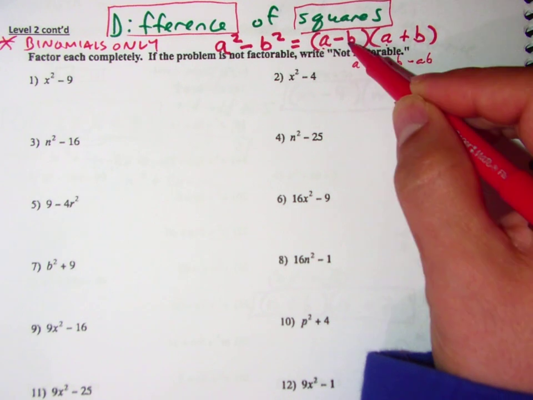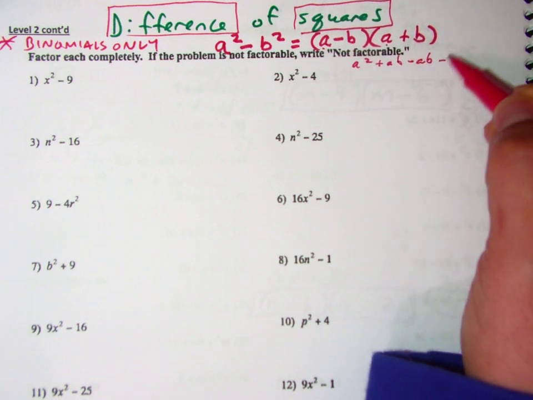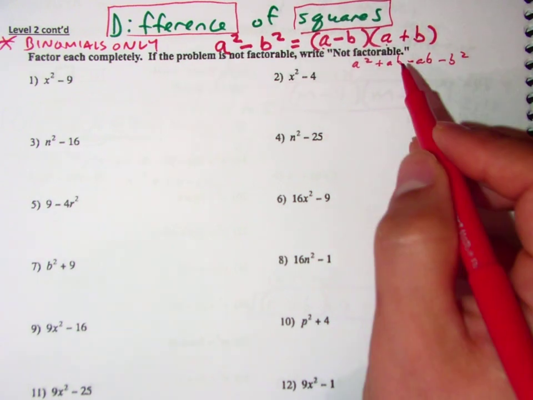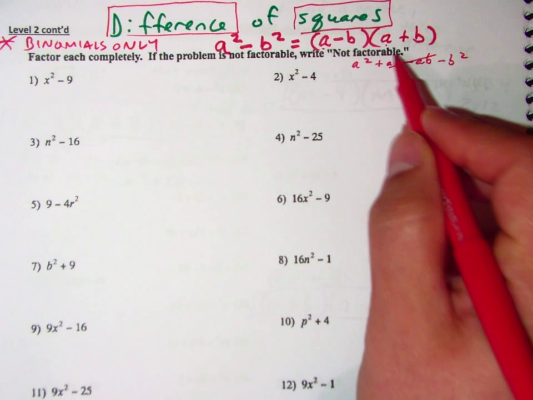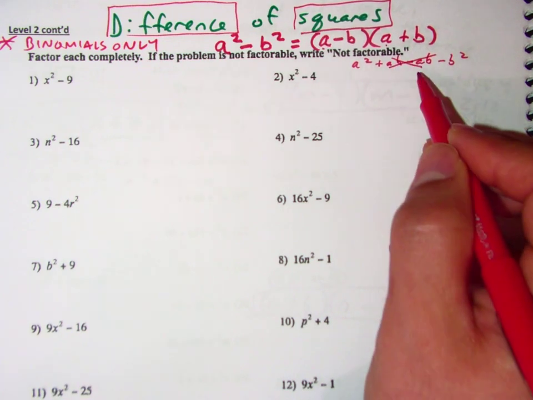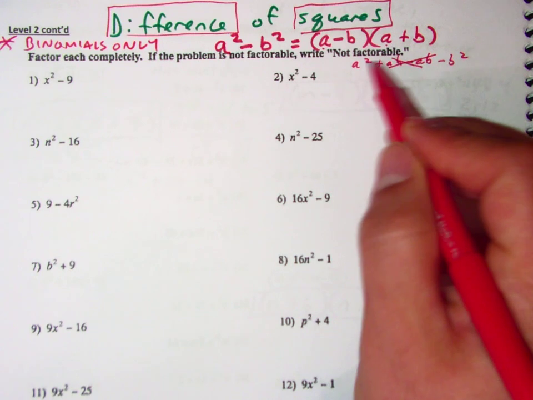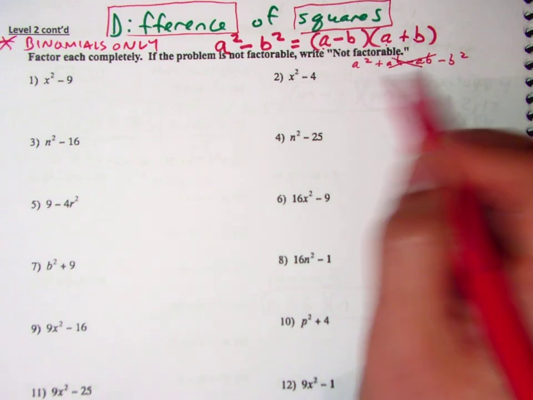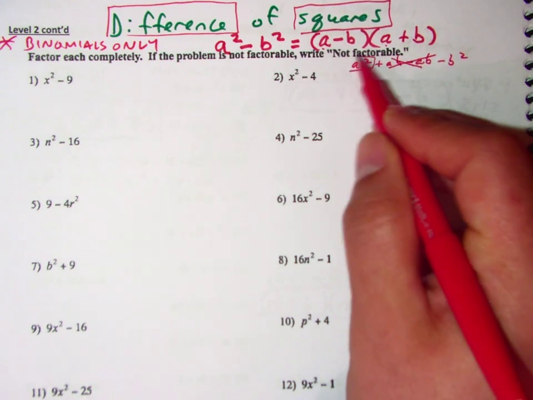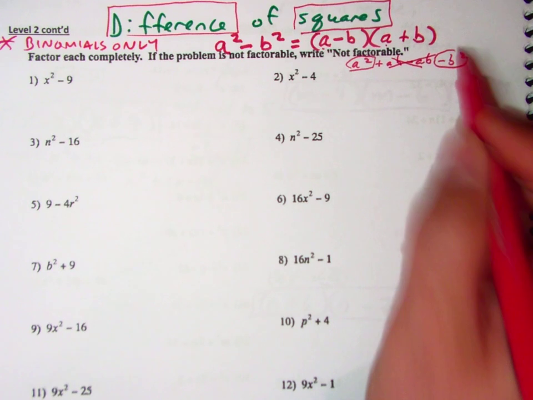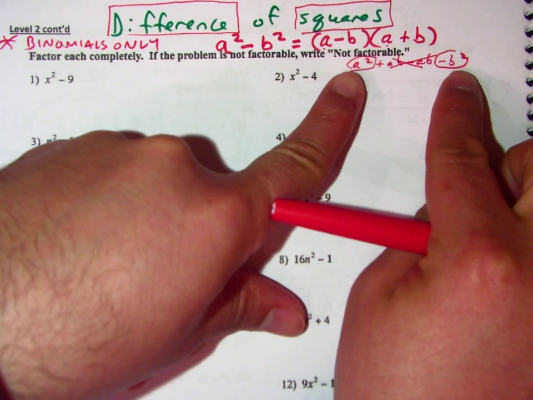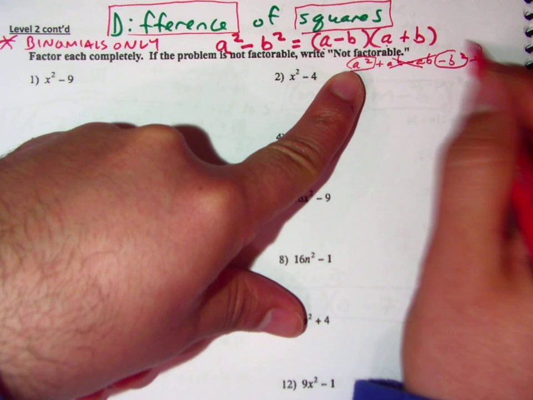And then negative b times positive b, that's going to be negative b squared. And so you can see right there, the middle terms cancel out. Usually we combine the middle terms to make it into a trinomial, but in this case, all we're left with is just the a squared minus the b squared. So anytime we have this pattern, we can always go back to this.